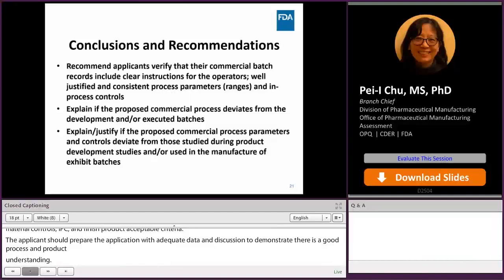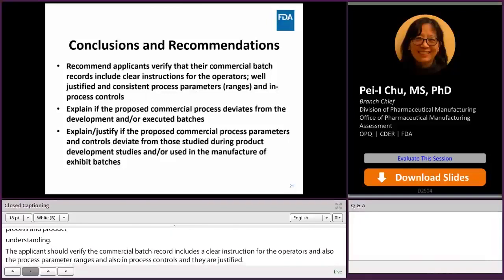The applicant should verify that the commercial batch records include clear instructions for the operator, and that the process parameter ranges and in-process controls are well justified.